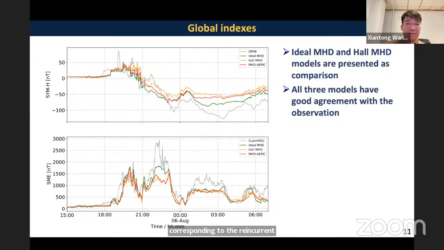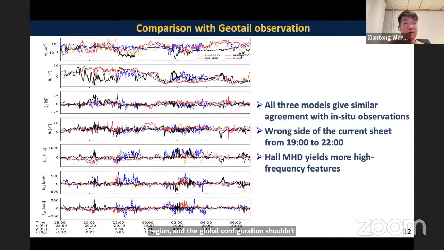All three models have good agreement with observation, which is not out of expectation, because kinetic physics in a storm usually acts in the reconnection region, and the global configuration shouldn't change much. We also compare with the Geotail observation in the magnetotail, and all three models give similar agreement with in situ observations.